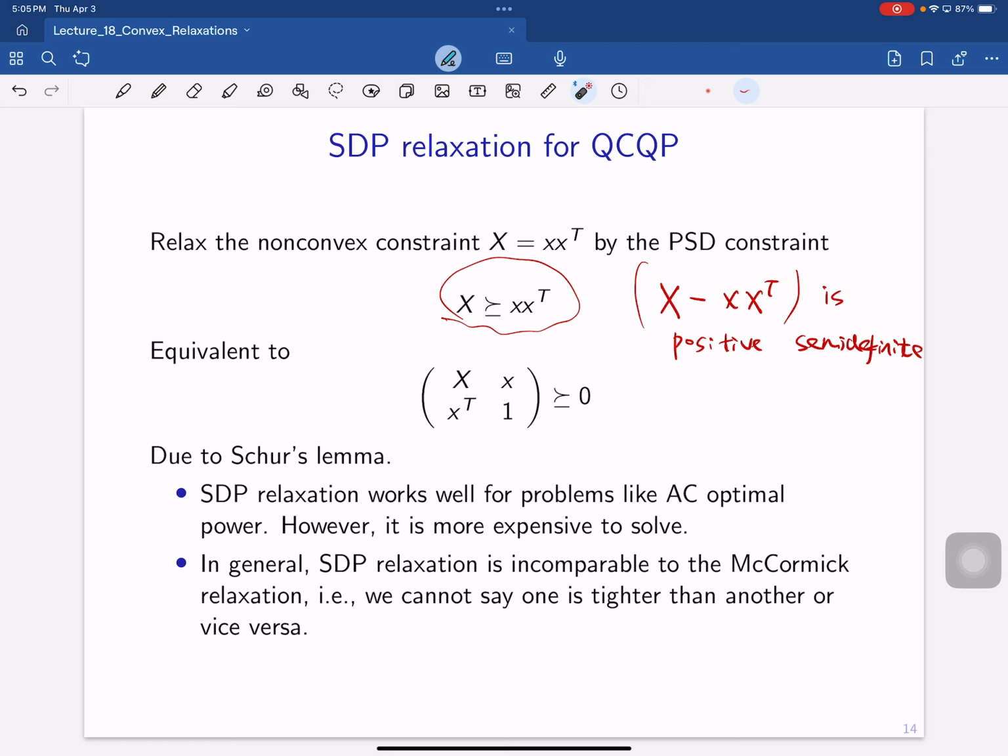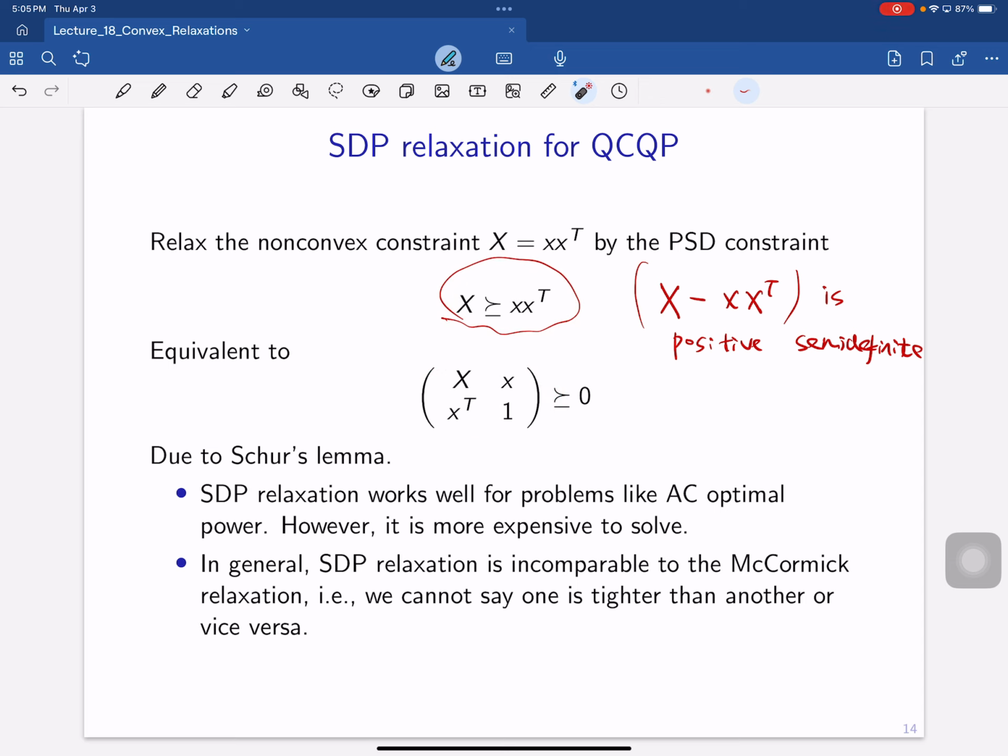Of course, a zero matrix is a positive semi-definite matrix. So we are relaxing the constraint to be positive semi-definite. And by Schur's lemma, this constraint is equivalent to this bigger matrix being positive semi-definite. If you forgot about that, you can revisit Schur's lemma. These two constraints are equivalent, okay?